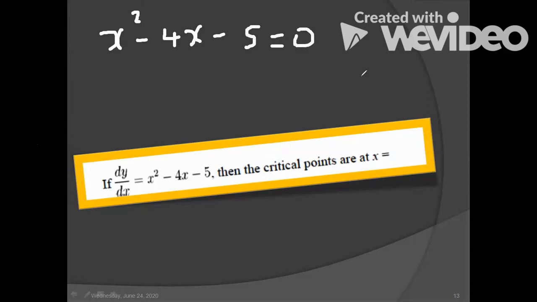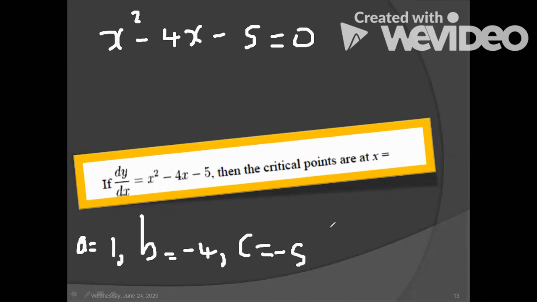So to solve a quadratic equation, let me try to make some space. What we do, we find out what A, B and C are in the expression. A turns out to be 1. B is actually negative 4. And C is equal to negative 5.